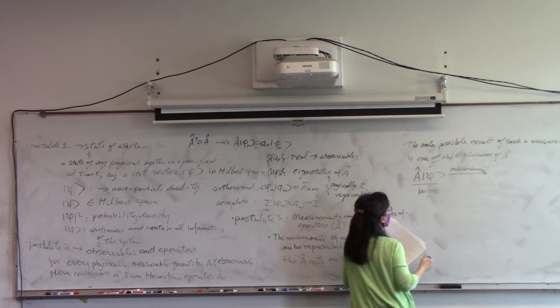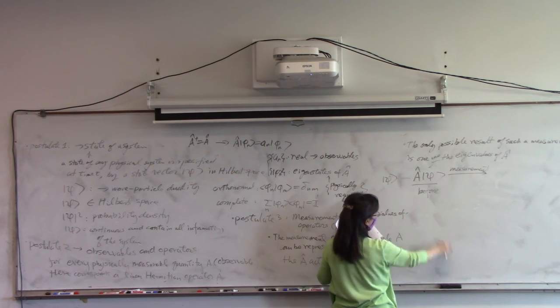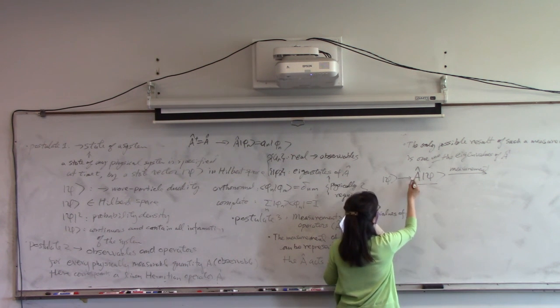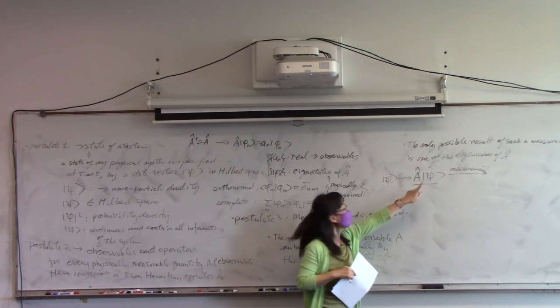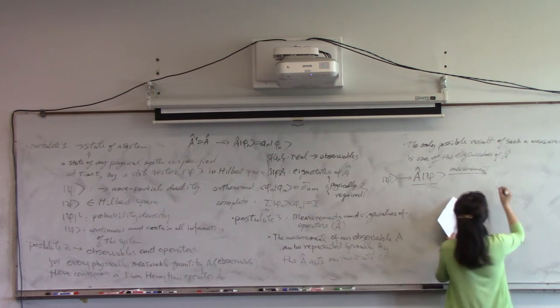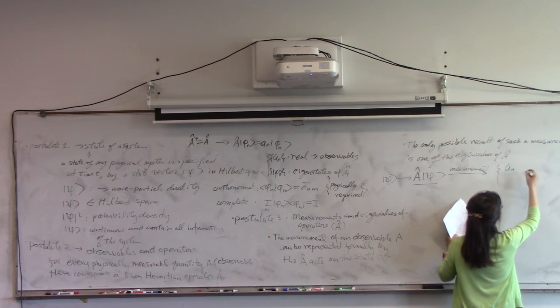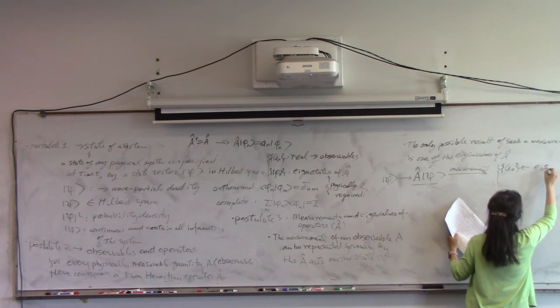Before measurement we have a state. Initially we have states, so now I'm going to measure. What happens? The operator acts on this, and the result is one of the eigenvalues.